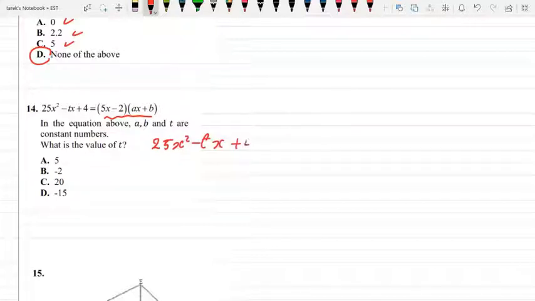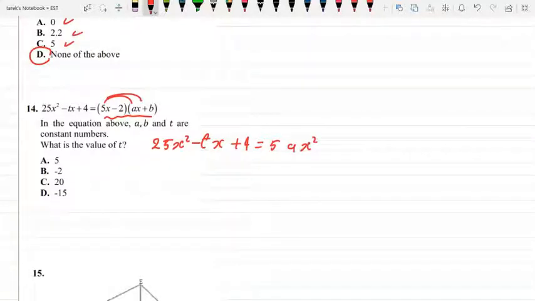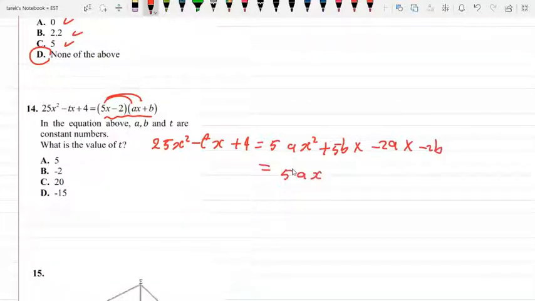For this one, multiply this, it will be 5ax squared plus 5bx minus 2ax minus 2b. When you simplify them, it will be 5ax squared, and add these together in x, it will be (5b minus 2a)x. I take the x common factor, minus 2b.